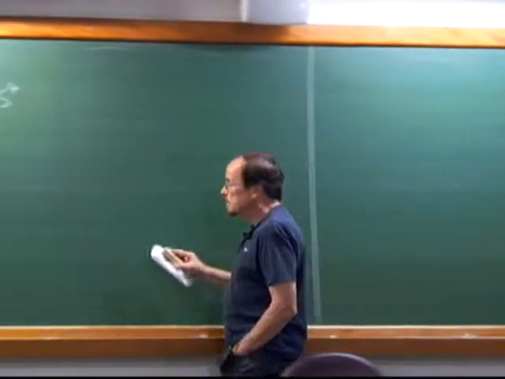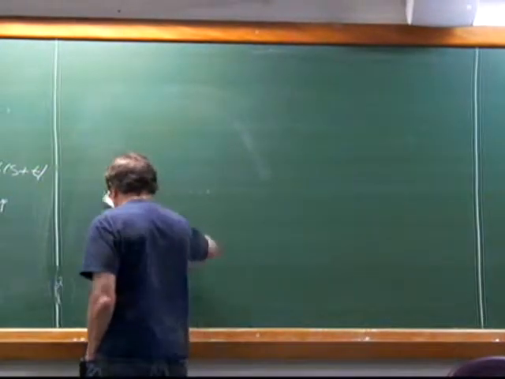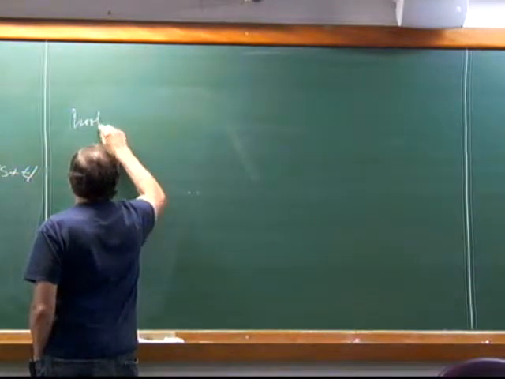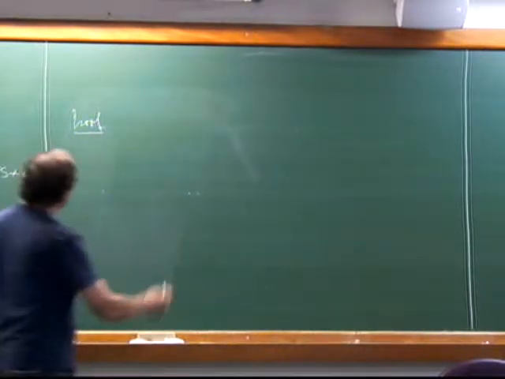So let's prove these things. I have to reflect twice, once around gamma of 0 and once around gamma of t over 2.